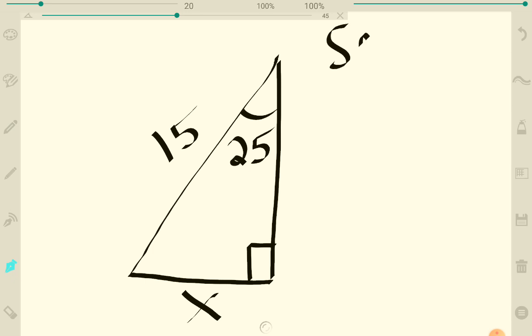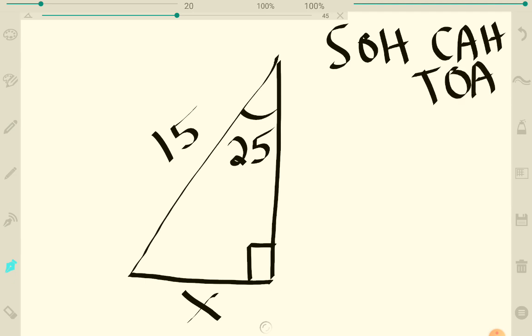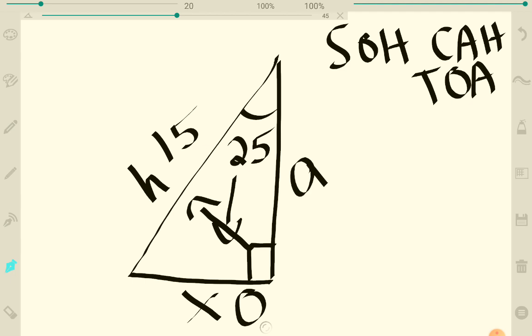Write out SOHCAHTOA just to memorize it. In this case, let's label our sides first. The side opposite from 25 is going to be opposite. The side opposite from the 90-degree angle is going to be hypotenuse. And then the only remaining is adjacent.